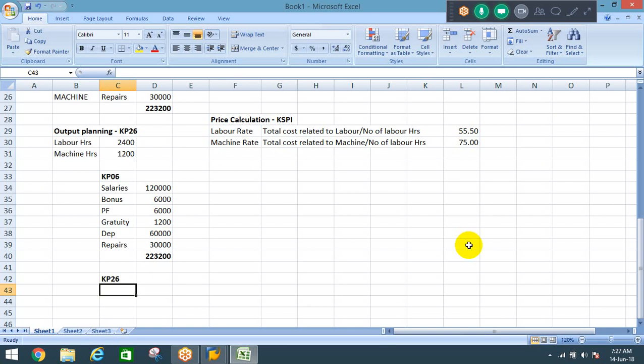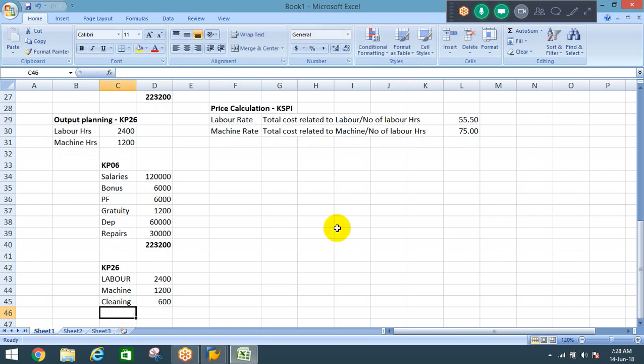For example, labor 2400 hours, machine 1200, and I also have one more activity, cleaning, assume 600.